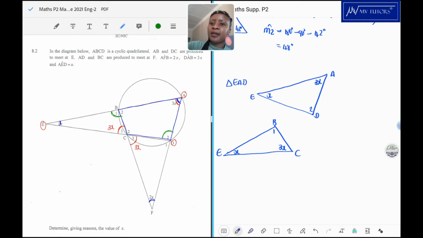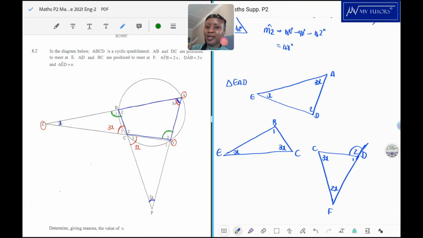Okay, so if I drew the triangle CFD, however way you wanna look at it, so I have C, I have D, I have F. Okay, so F is 2X, C there 3X, then we have D1. So do you see that D2 is an external angle to a triangle?